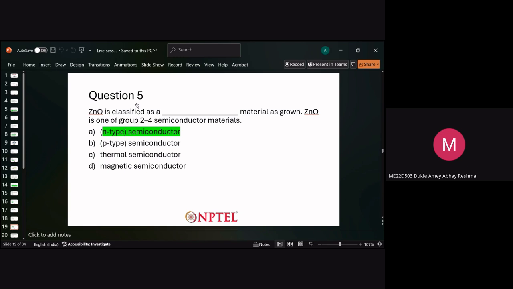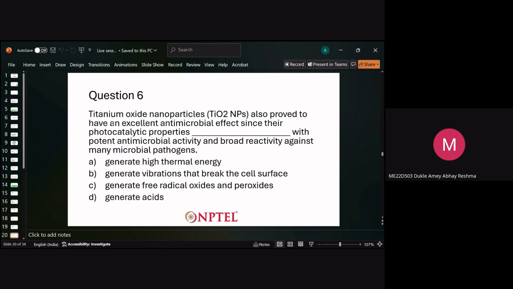When the doping material is boron, it is a p-type semiconductor, and when nitrogen or oxygen is the doping material, it is an n-type semiconductor. You getting my point? So that is how it works.